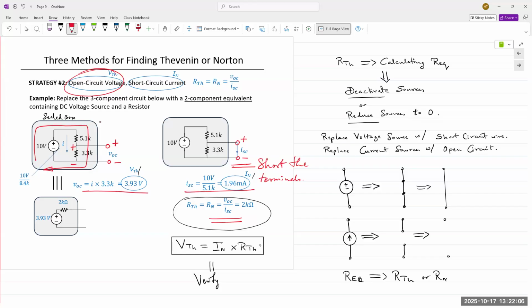Total resistance in the pathway is 8.4. We calculate the current I. I is 10 divided by 8.4 kilo ohms. Once we find the I, we multiply it with the 3.3. So we applied Ohm's law first to find the current I, and then we applied it a second time to find the voltage. And that voltage is our Thevenin voltage.